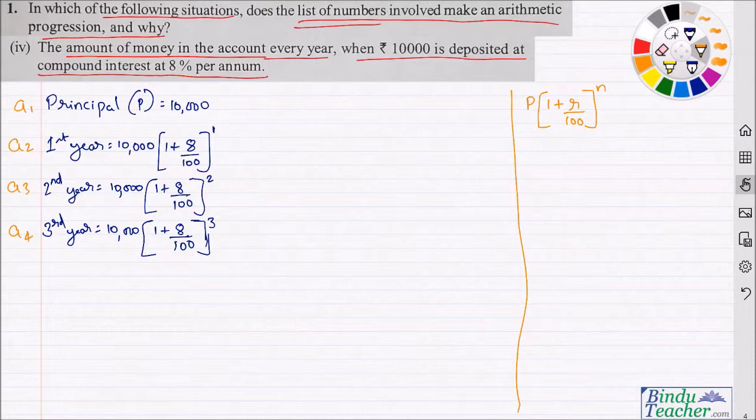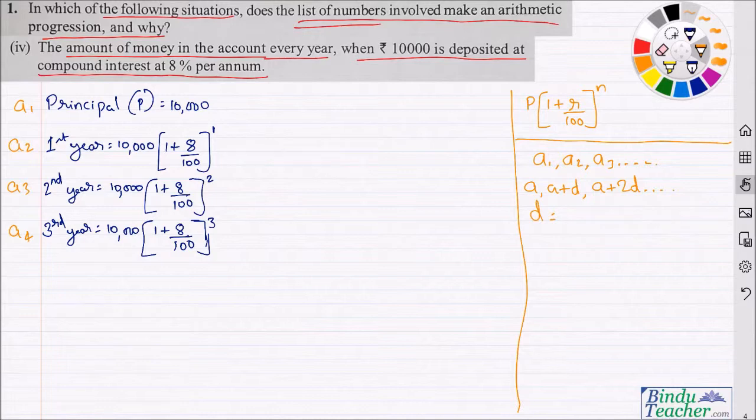So now we have to check if this list of numbers forms an arithmetic progression. So how do you define an arithmetic progression? Given the numbers A1, A2, A3, we can say it is an arithmetic progression if it is of the form A, A plus D, A plus 2D and so on, where D is the common difference between the terms.